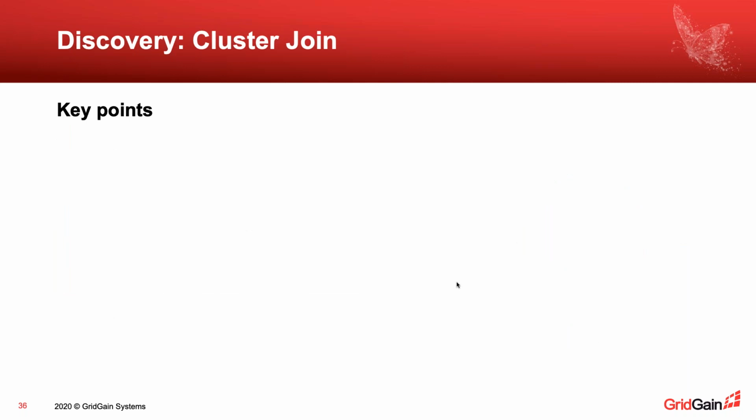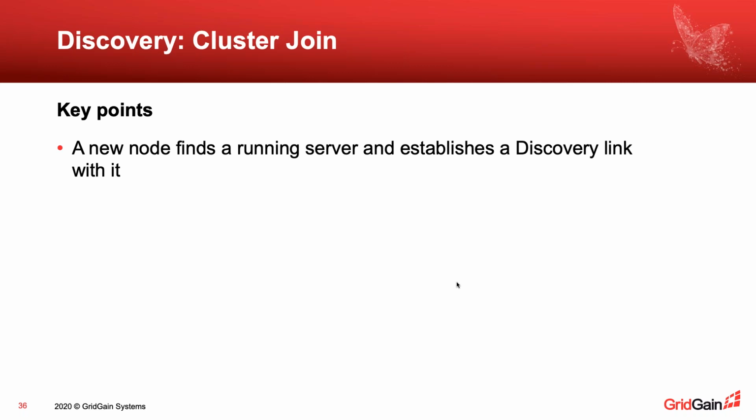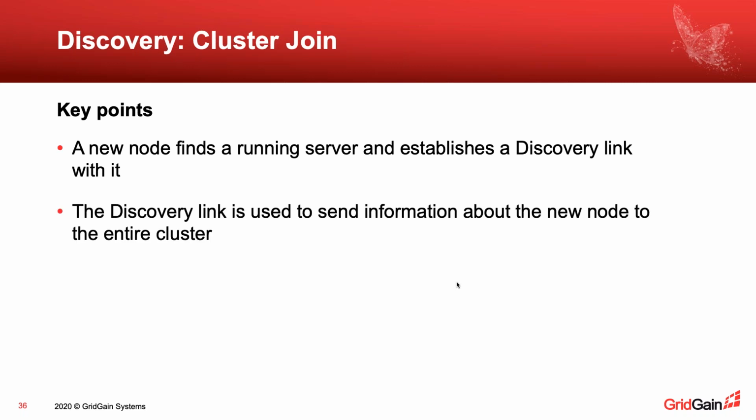So the key points from this are: a new node starts by finding a running server node using its IP finder, and it establishes a discovery link with that server node. Then the discovery link is used to exchange information between the new node and the running cluster.